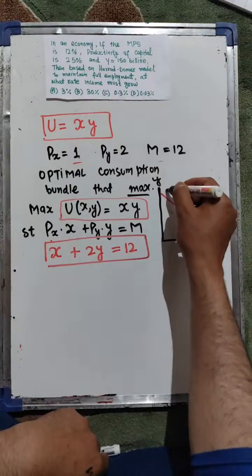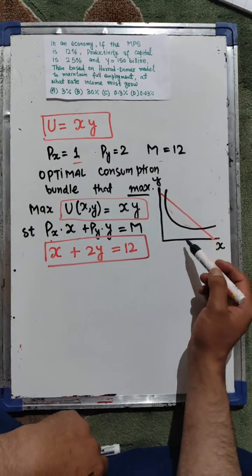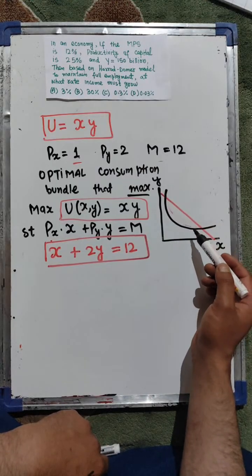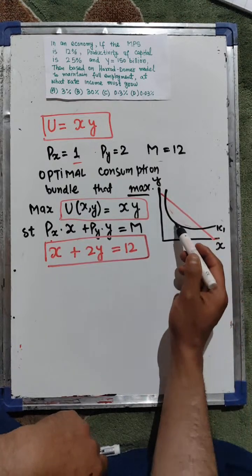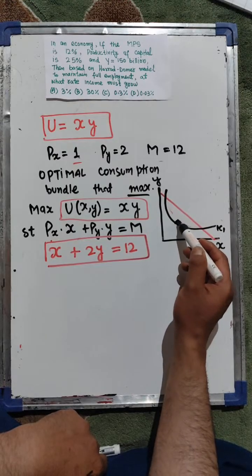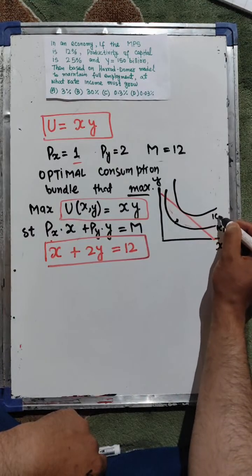So this is the indifference curve which shows different combinations of units of good x and y that give the same level of utility. Let us say this is IC1. So here there is the improvement in attaining higher utility. Let us take another indifference curve, which is IC2.